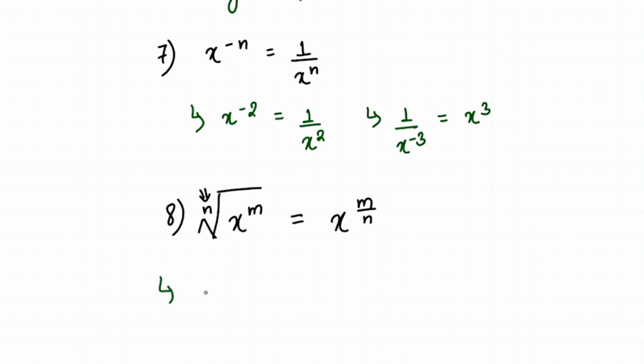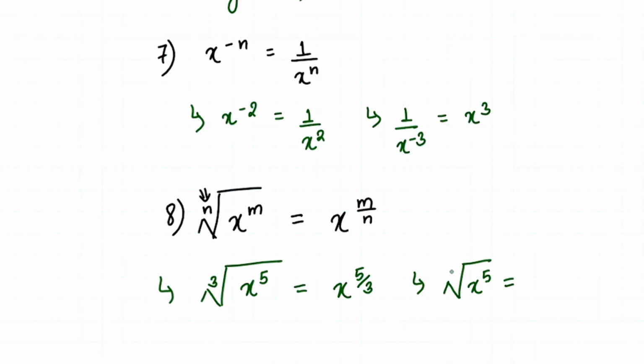For example, if we had something like x to the power 5 and it's 3 over here, then when we remove this root, what we get is x to the power 5 divided by 3, okay? Similarly, if you have something like square root x to the power 5, then in this particular case, when there is nothing over here, right, it's actually 2. So we can write this as x to the power 5 divided by 2, okay? And that's our 8th law.